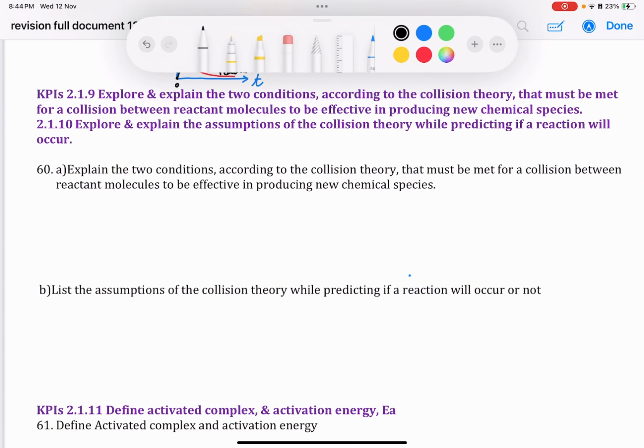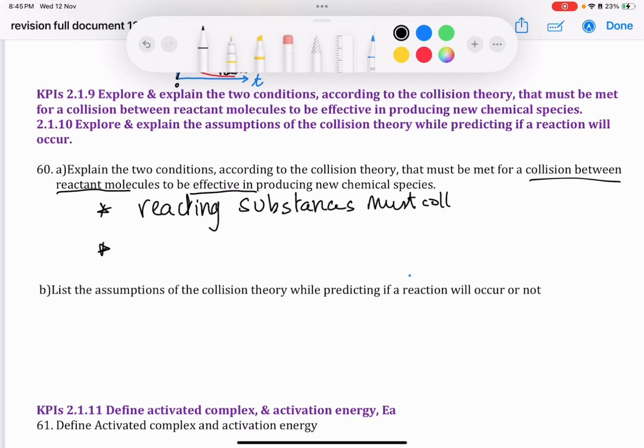Explain the two conditions according to the collision theory that must be met for a collision between reactant molecules to be effective. For a collision to be effective, first of all, the reacting substances must collide.